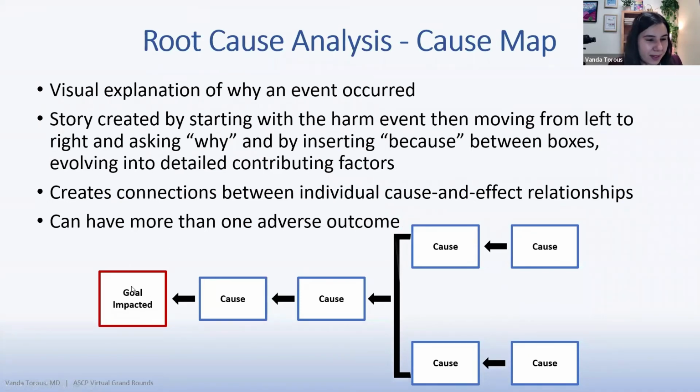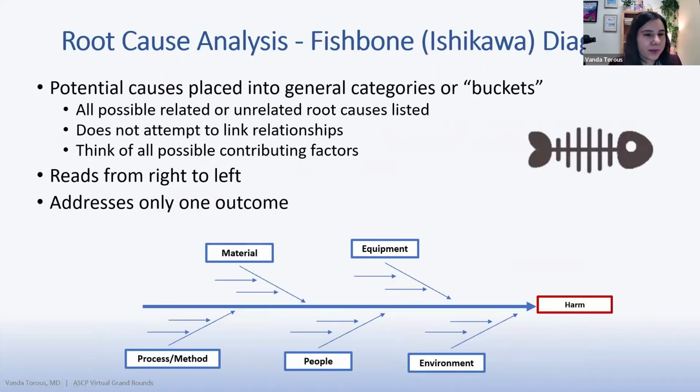So, something happened, why? Because, and then the reason why. Why did that happen? Well, because, and so forth. That evolves into detailed contributing factors. This method creates connections between individual cause and effect relationships. You can actually have more than one adverse outcome that you're looking into here.